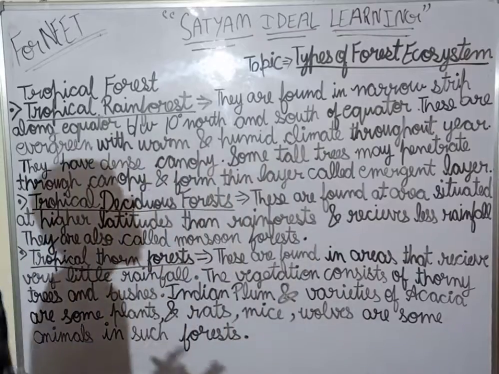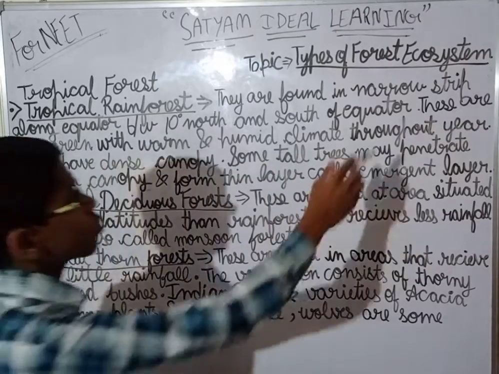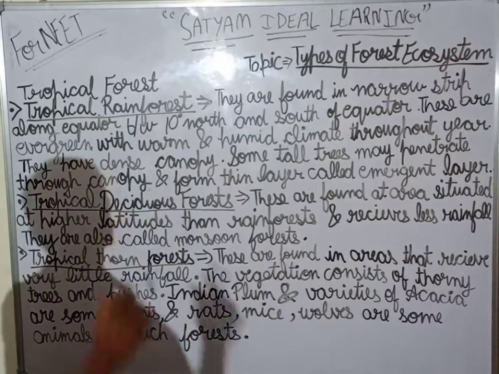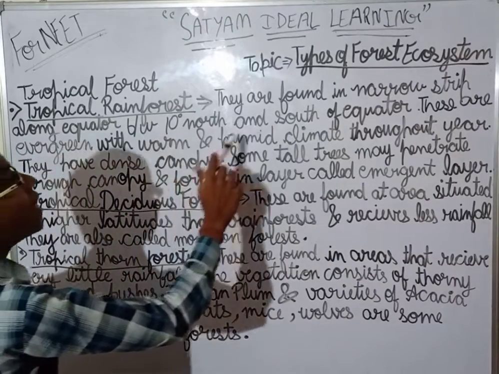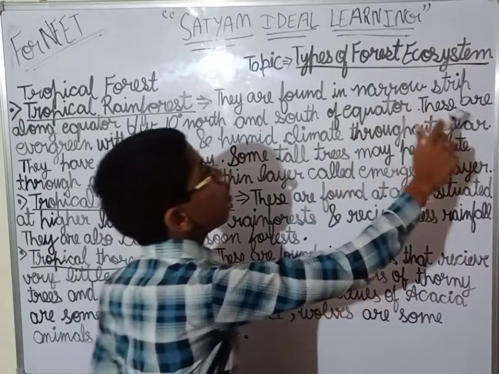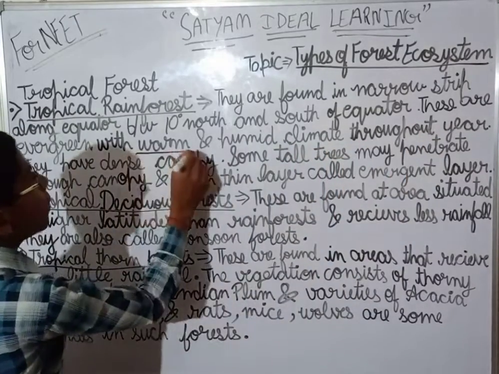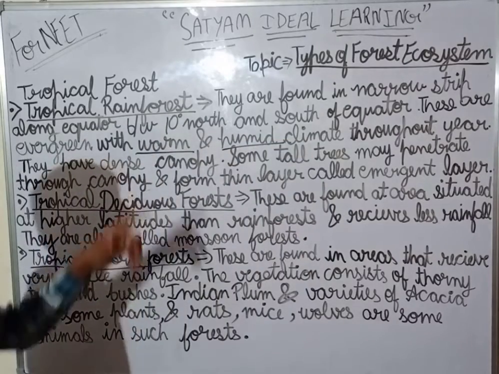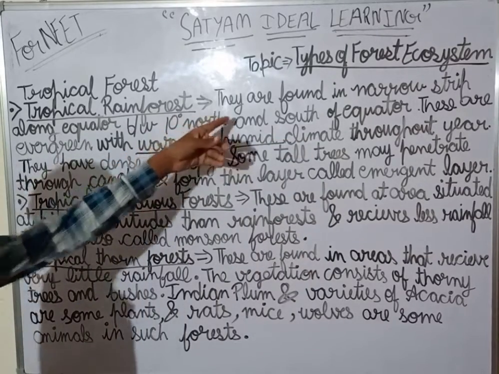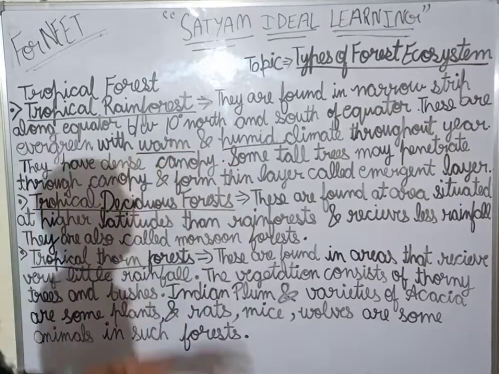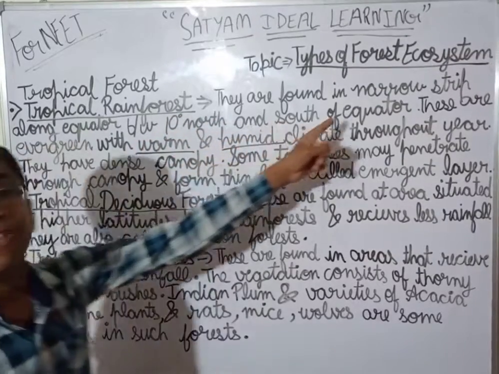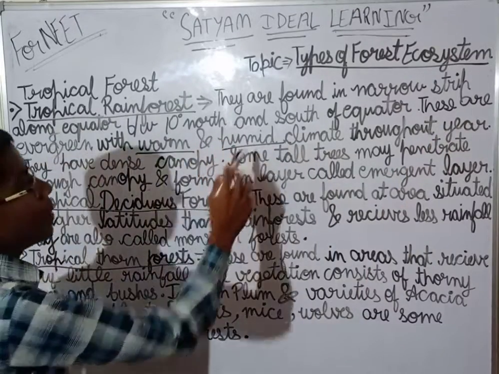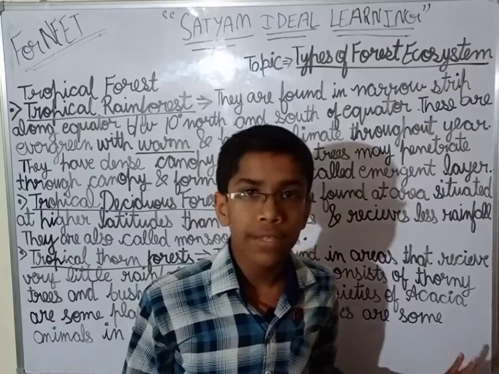Is this thing clear to all of you guys? Now see, these are evergreen, with warm and humid climate throughout the year. So this is about the climate, and this is where the location is. So 10 degree north and south of the equator, and the climate is warm and humid throughout the year.